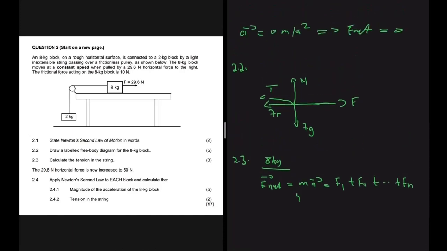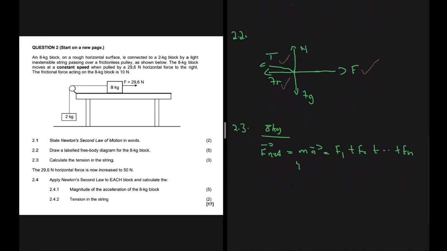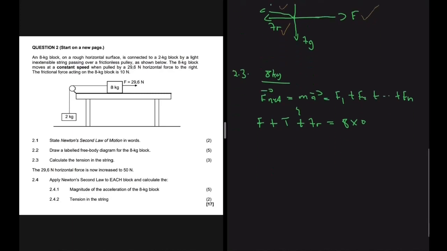From 2.2 we have the applied force, the tension, and the friction. So we're going to have the applied force plus the tension force plus the frictional force equals 8 kg multiplied by 0, because we have an acceleration of 0 as it is moving at constant speed.